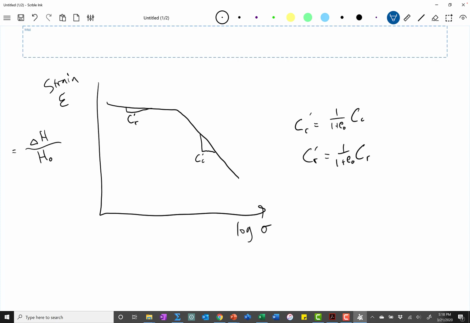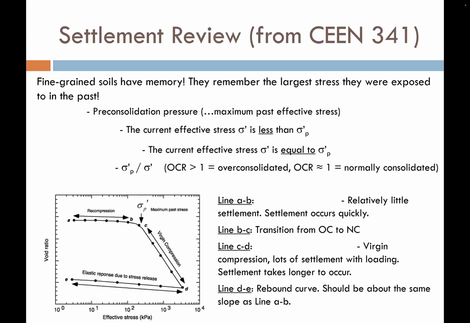That's all you need to know to go back and forth between these two. I personally like to plot my curves in terms of strain instead of void ratio, but tomato, tomato, you get to plot your curves however you want to.